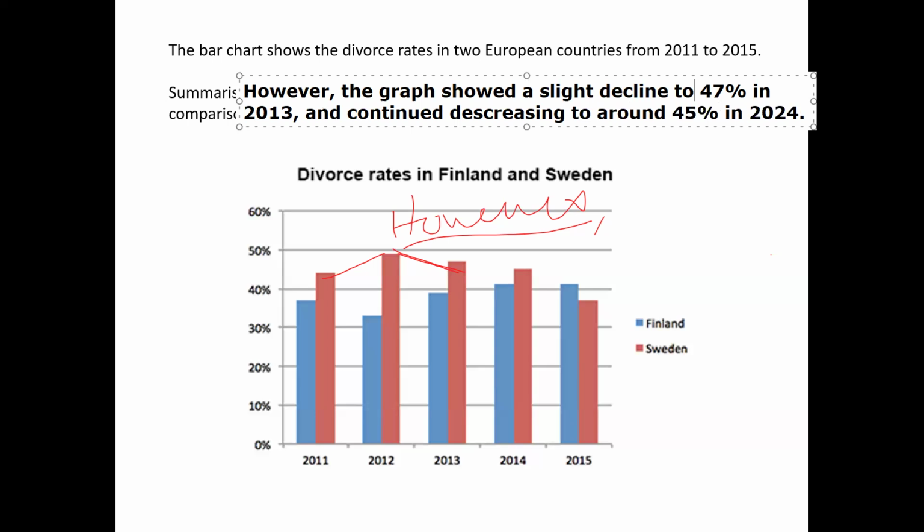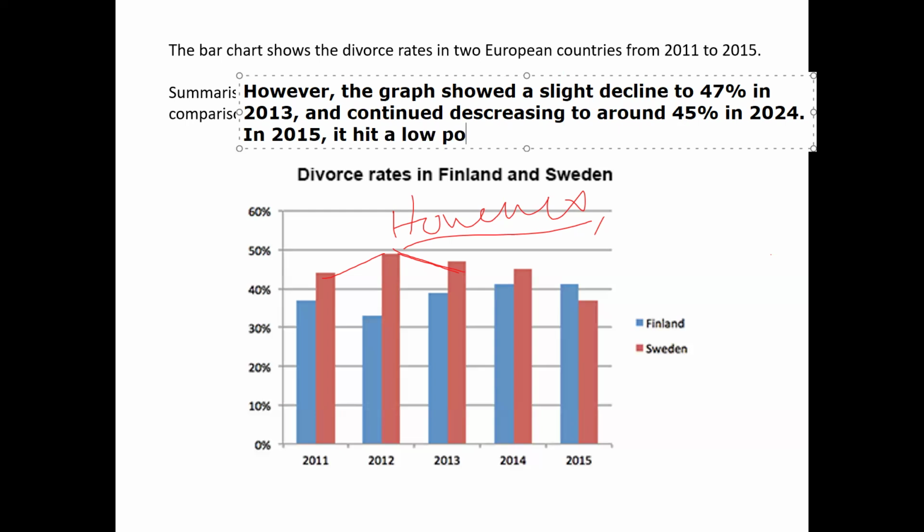And 2015. In 2015, it hit a low point of. तो low point hit किया कि नहीं इसने? Clear? तो अब आप यहां पे आप लोगों ने ये लिखना है, "low point of".